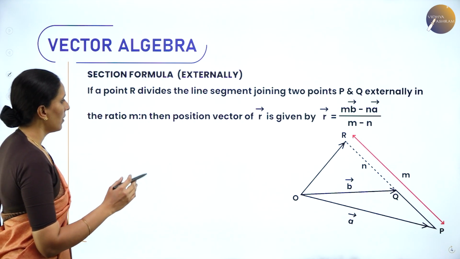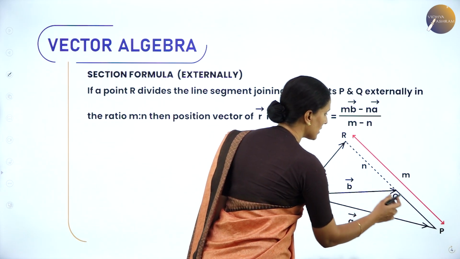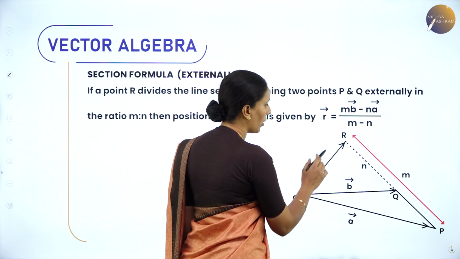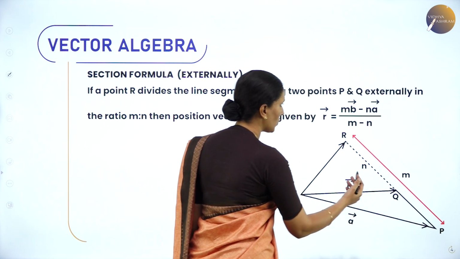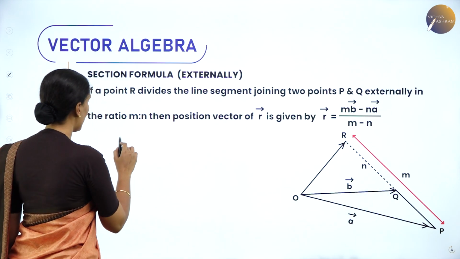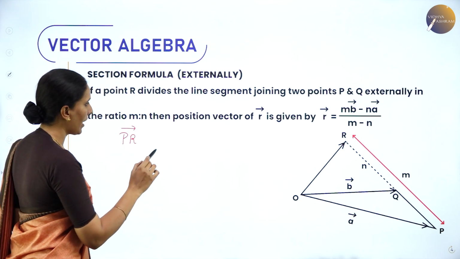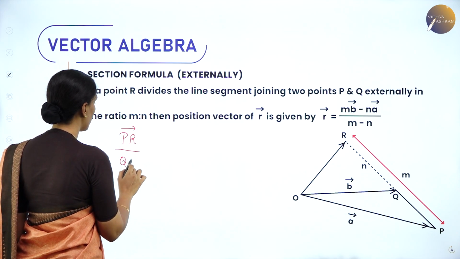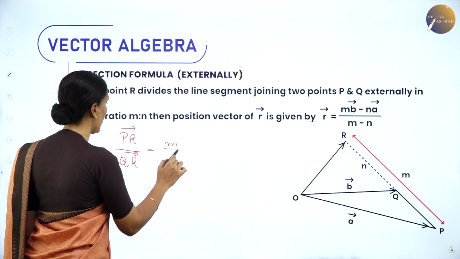Next, for the external condition, let us take PQ as the line and let R be the point which divides this line externally in the ratio m is to n. If we consider this, we can write vector PR divided by QR is equal to m by n.